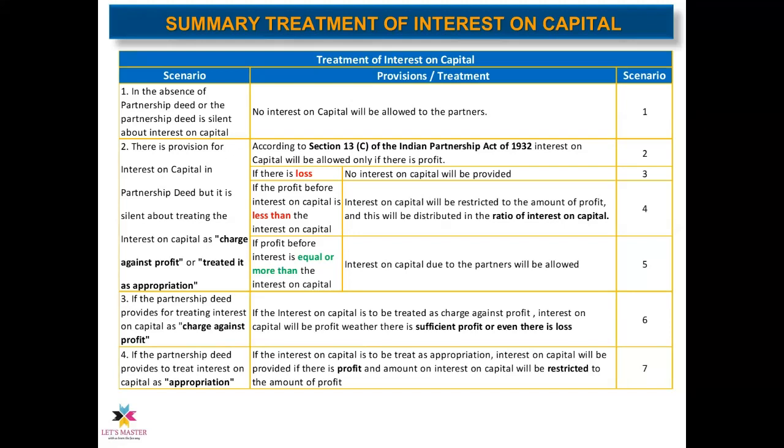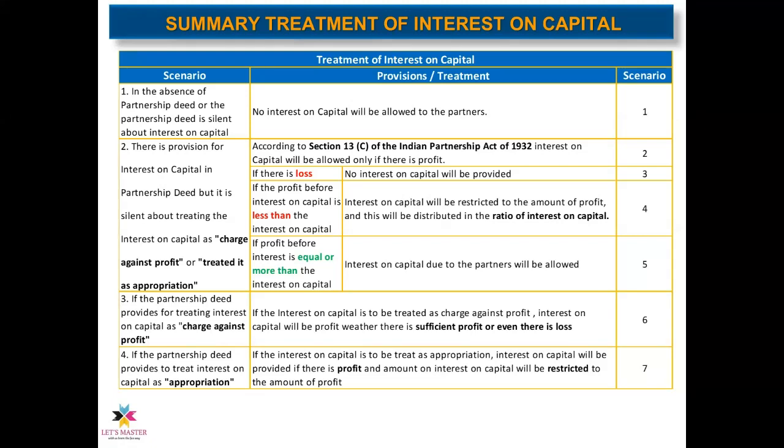Again, taking the same example, the partnership firm needs to pay 12,000 as interest on capital due to all the partners, but the partnership firm has earned a profit of rupees 6,000 only. Then in case the interest on capital needs to be treated as an appropriation, then interest on capital would be provided up to rupees 6,000 only.